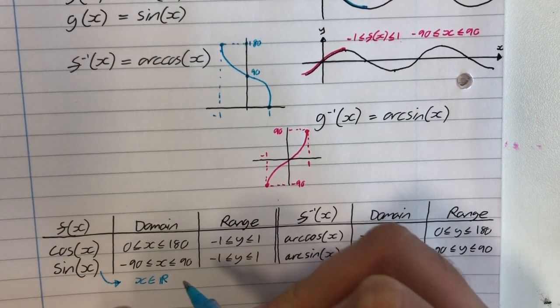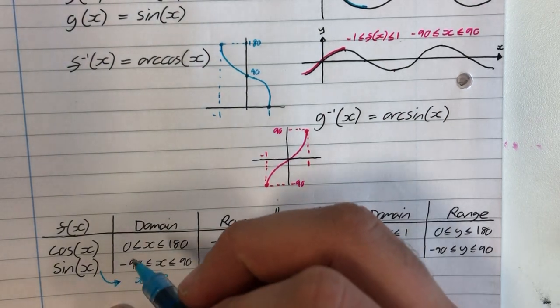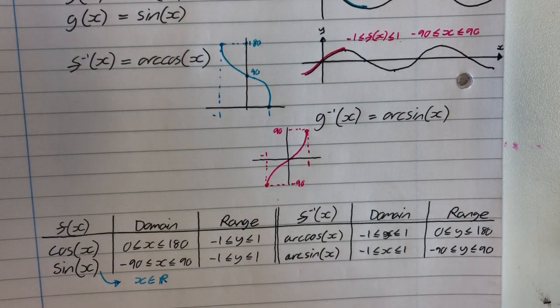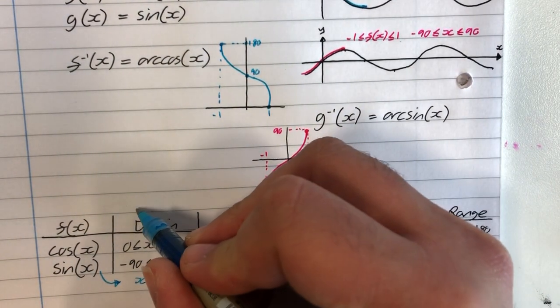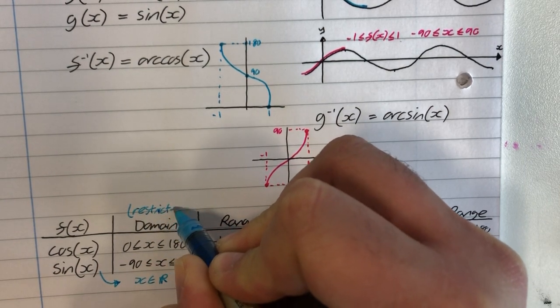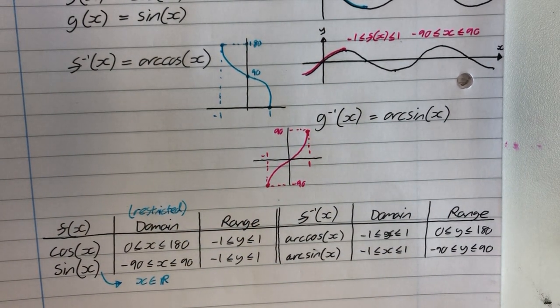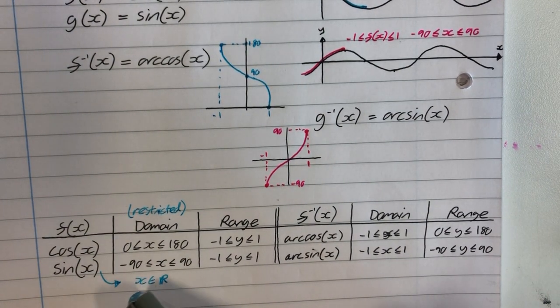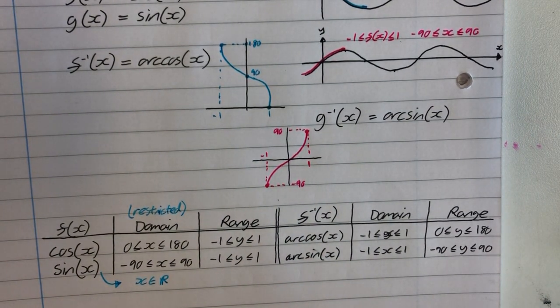So we'd say x is an element of the real numbers. Same is true for cos, but we had to restrict the domain to enable us to find the inverses. So I should really put restricted domain, because the domain of those two is x is any real number.